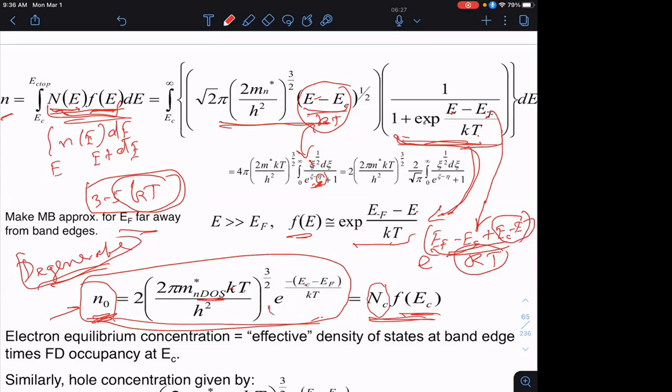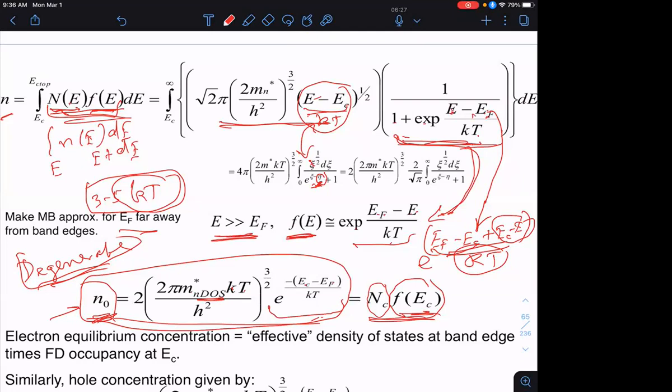I want to see what it physically means. First of all, this e to the power minus EC minus EF over KT, I write as a Fermi-Dirac distribution function evaluated at EC, at the conduction band edge. What does that mean? Well, this is the Fermi-Dirac distribution function in the limit of Fermi level much farther away from the band edges, where E minus EF is much greater than KT.